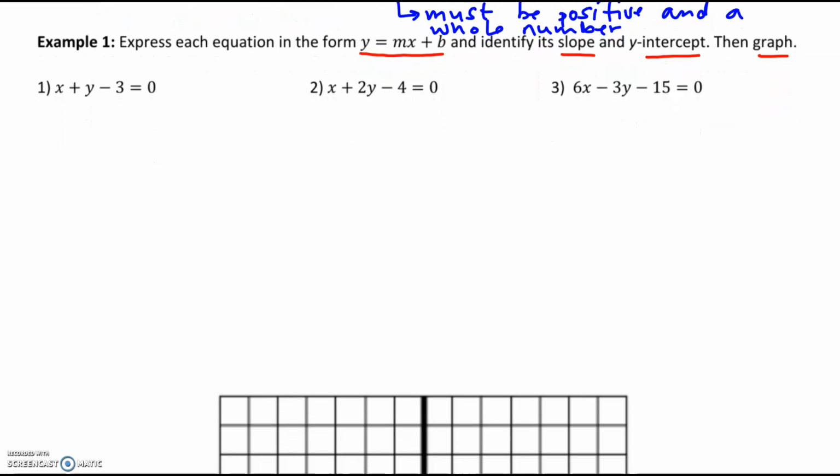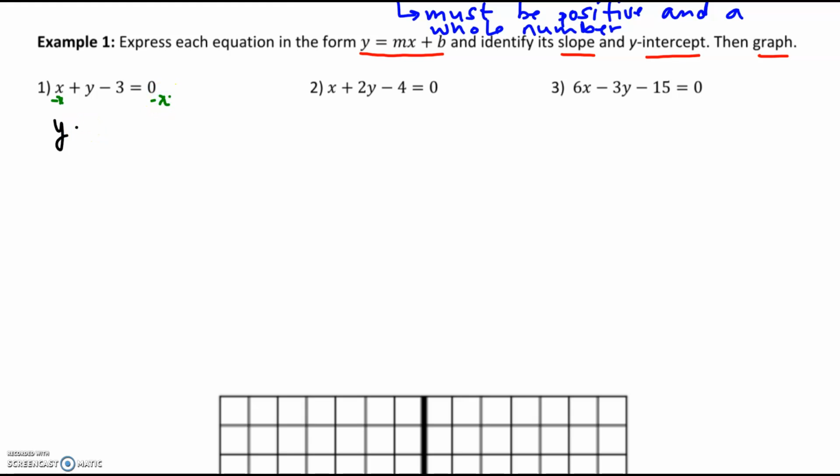All right, so let's start with the first example. We're going to convert it into y equals mx plus b form. So that means we want the y isolated on the left. So I'm going to leave the y where it's at. I'm going to bring the x to the other side, so we know when that happens it changes to a negative x. And just as a reminder, the math behind it, when we do the balance method or opposite operations, I'm subtracting x from this side to make it go to 0, and I would subtract x from this side to keep it balanced.